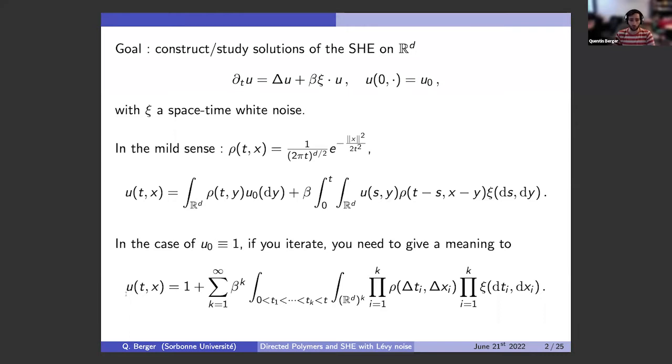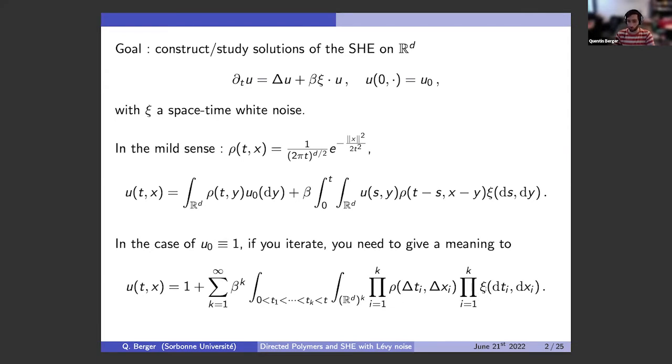In the end, you have some kind of iterated expansion of the solution of the stochastic heat equation. So one of the problems is to make sense of this expression.